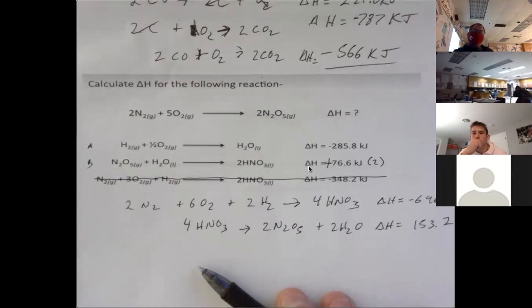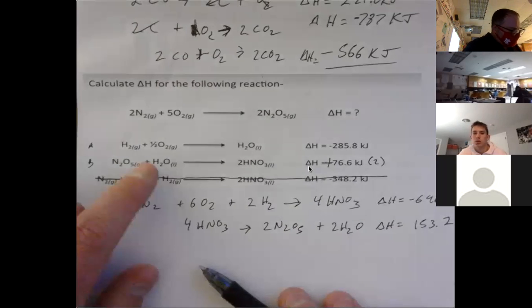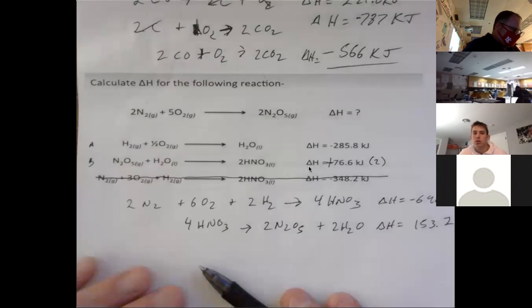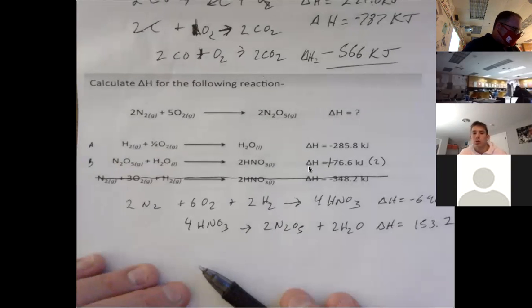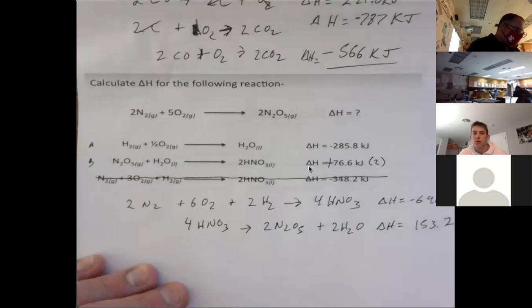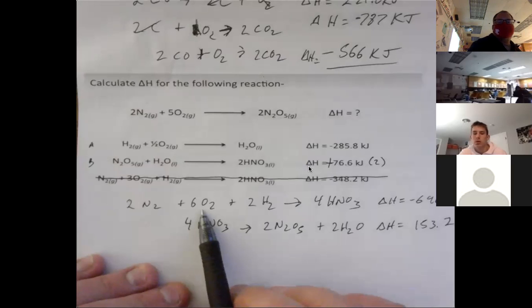Does it say a half? It does say a half. Okay, so yeah, multiply that by 10. You guys are forgetting that this equation right here has 6 O2s. So if I multiply by 10, then at the end I'm going to have 16 O2s.